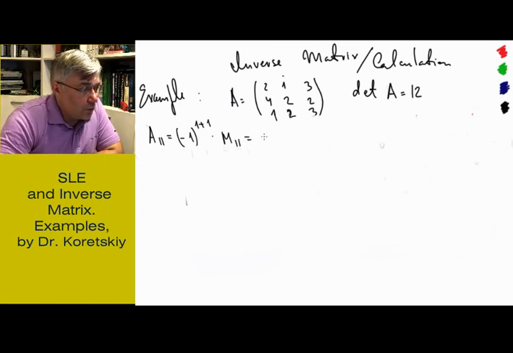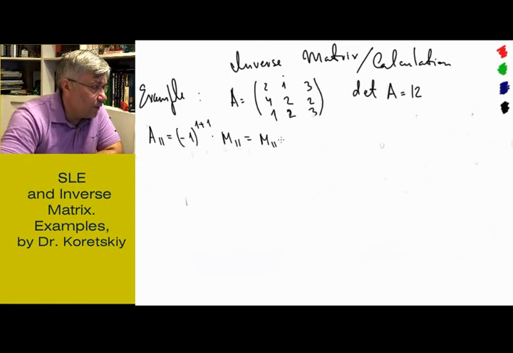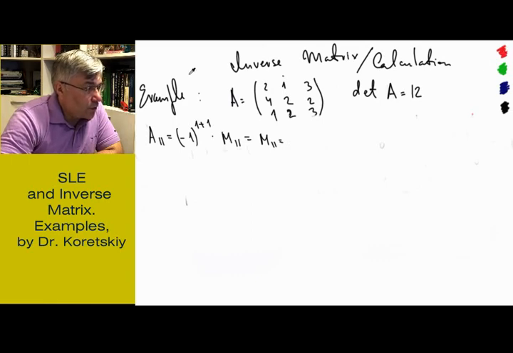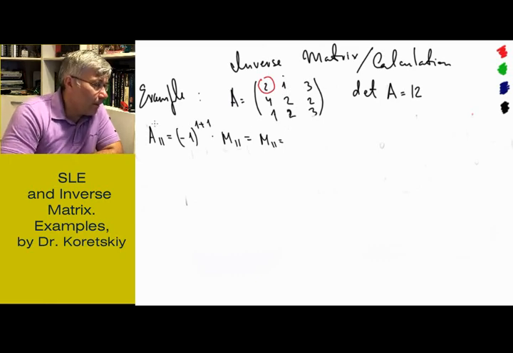For the first 2 elements I use this ink. So 1 1 is this element, so if I exclude the first row and the first column, I have here just 2 2 2 3.